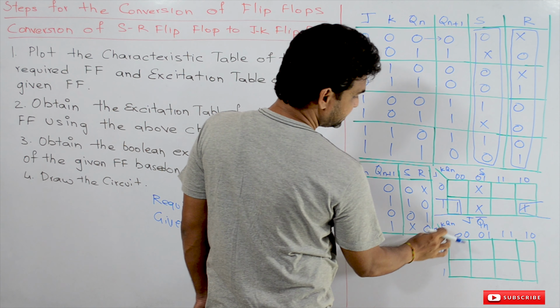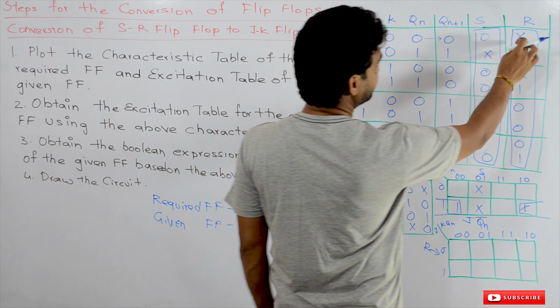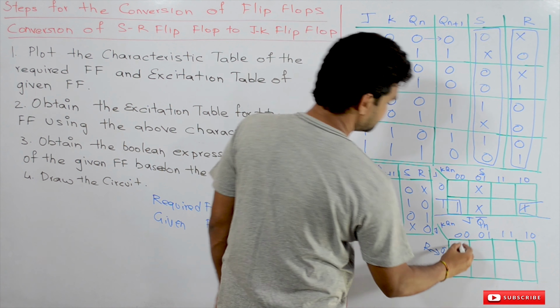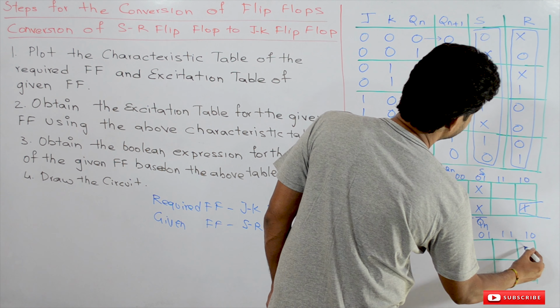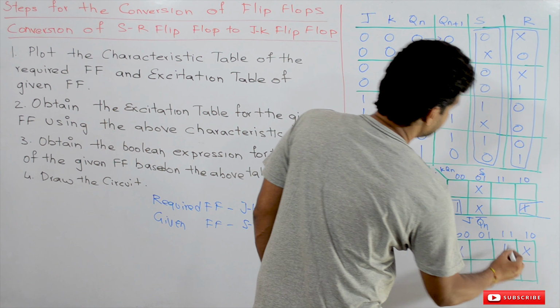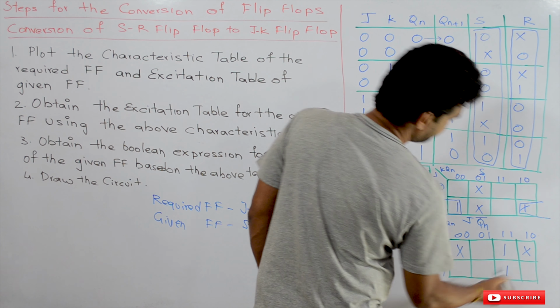Okay, similarly this minimization table is for R, and these are the input values J, K, QN. So the values are: 0 0 0 is don't care, and 0 1 0 is a don't care, 0 1 1 is 1, and the last one, 1 1 1, is a 1.